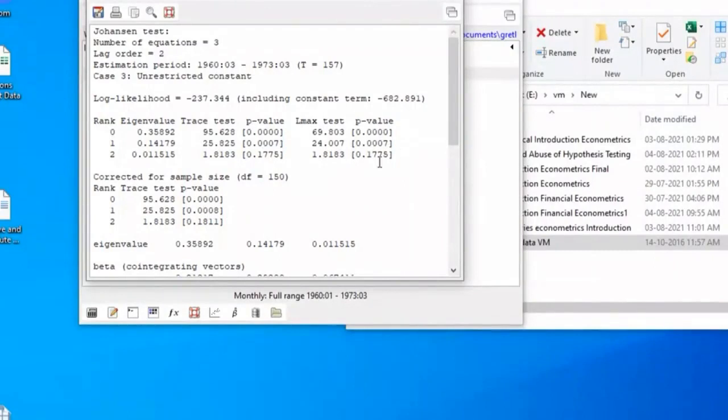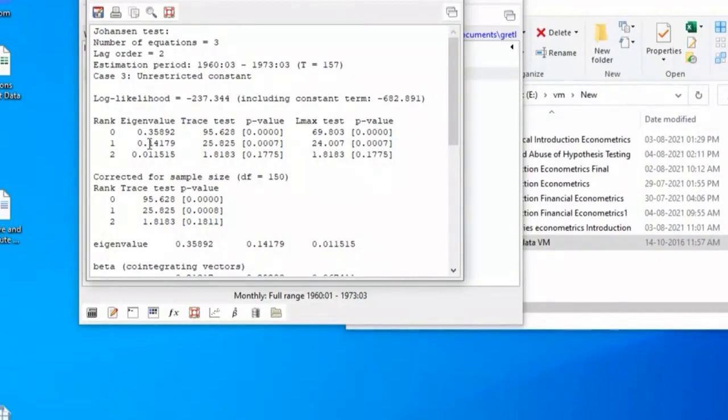Because if we reject for all the k rows, where k is the number of variables, that simply means that the variables that we use are stationary variables.